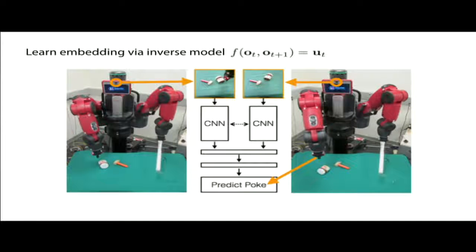The embedding was at the last layer of this Siamese network that was mapping from an image, and they regularized this embedding with a forward model. As I was mentioning before, instead of just trying to predict the action, they had an additional term in their objective saying that the embedding from one image should be predictable given the previous embedding and the poke.